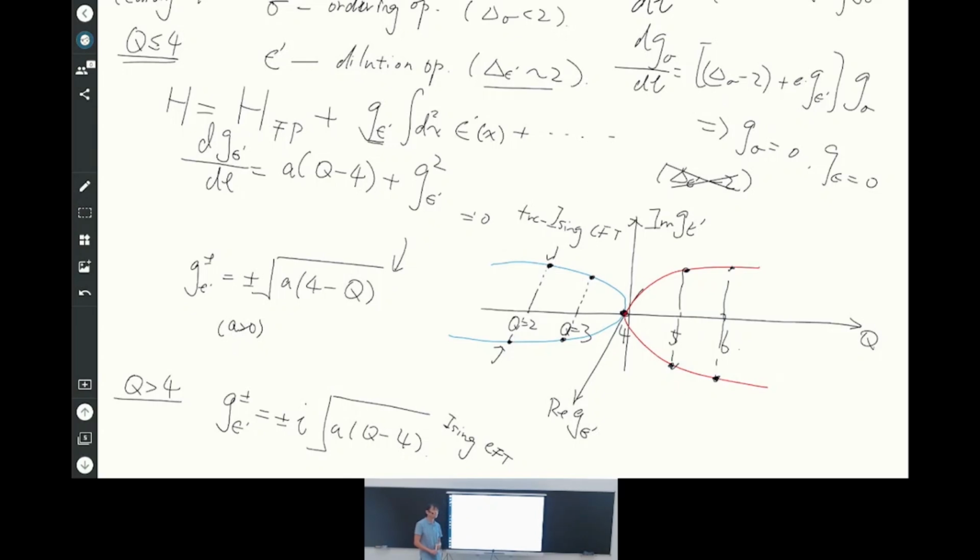Like in perturbation theory, instead of saying that one fixed point is at 0 and the other one is at epsilon, you say that one is at minus epsilon over 2 and the other one is at epsilon over 2 because you shifted the coupling. I think it's well defined in perturbation theory and probably not otherwise. So close to Q equal 4, it should be fine, I would imagine, but probably not for Q equal 2, for example.